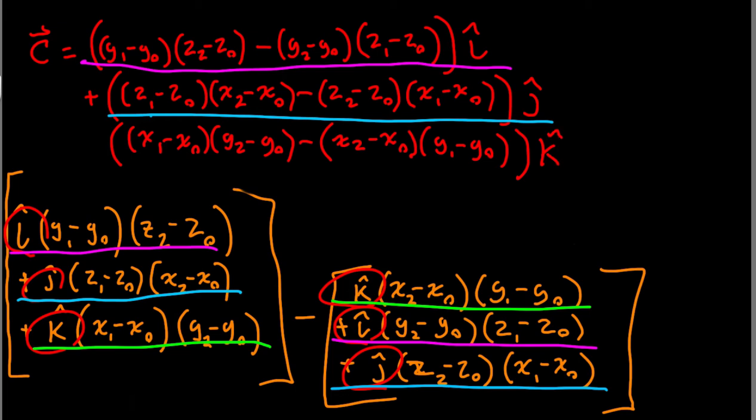And that is c. That is our normal vector, where all of these points, these x1s, x2s, whatever, all the z's, all the y's, are just the coordinates of the original 3 points that we chose to define our plane. So that's pretty cool.